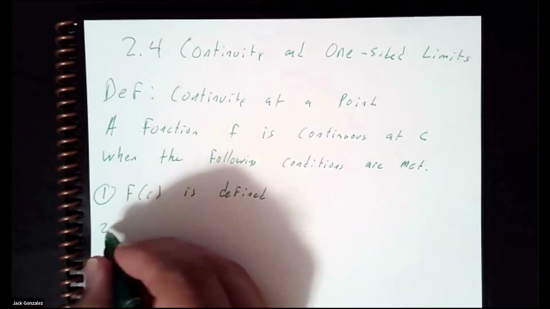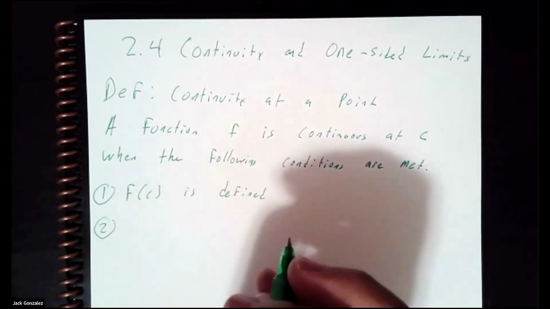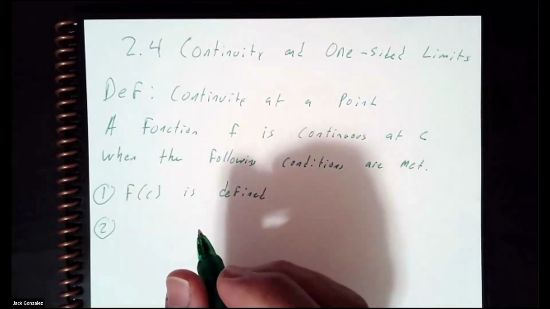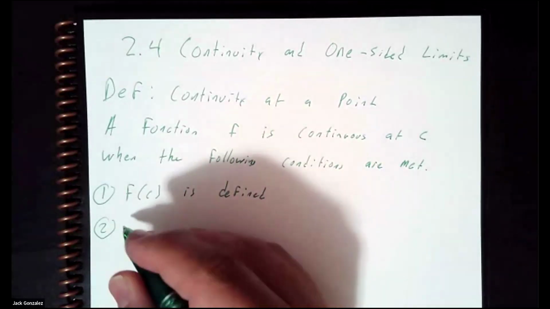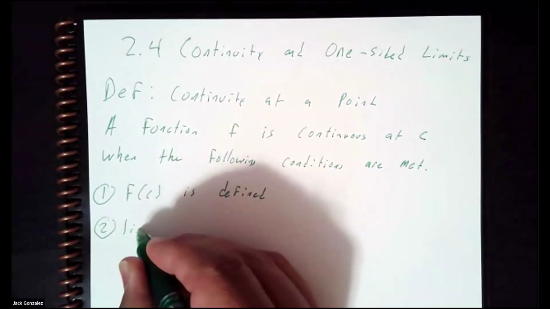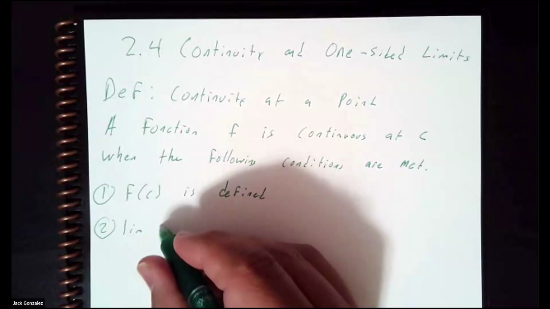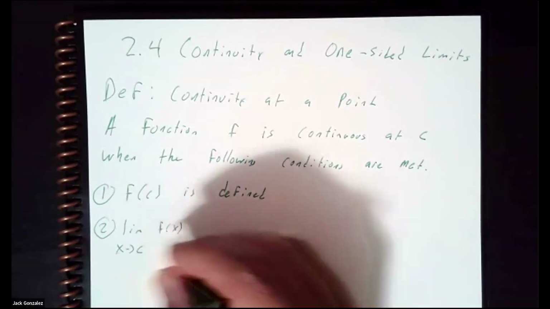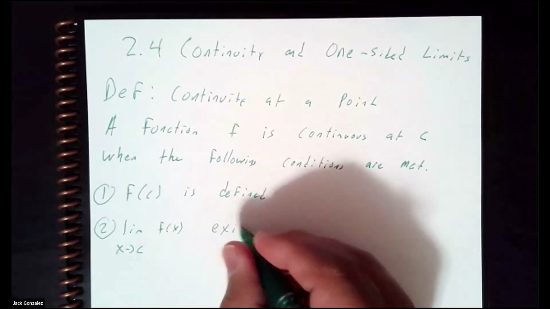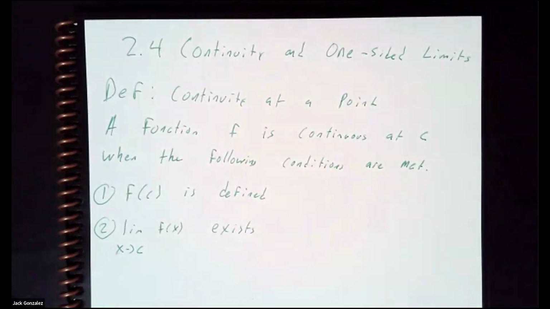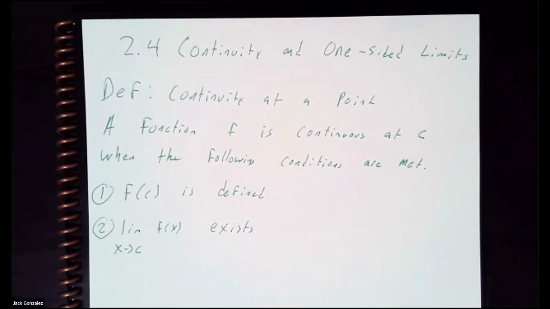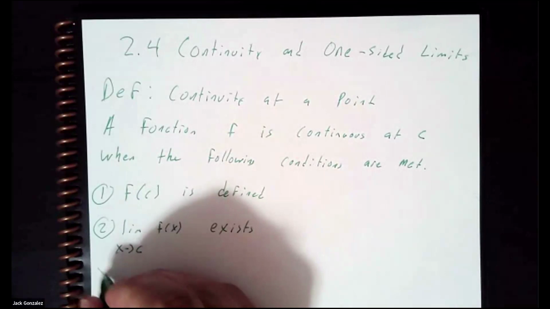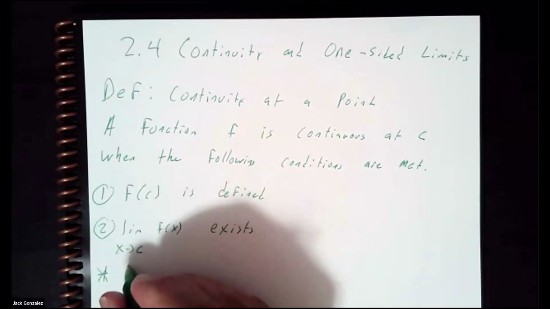Number two, the limit of f of x as x approaches C exists. And remember what we said that means, right? We said the limit from the left and right have to be the same. If it is the same, then it exists. So add that extra note just in case you forgot.